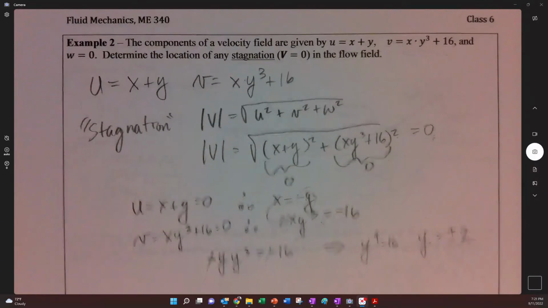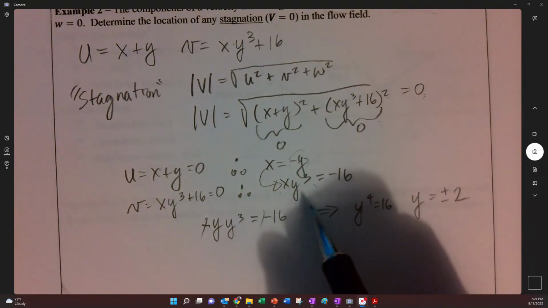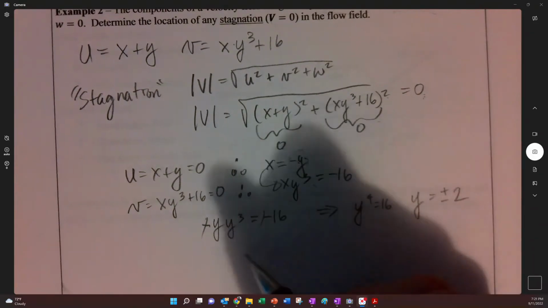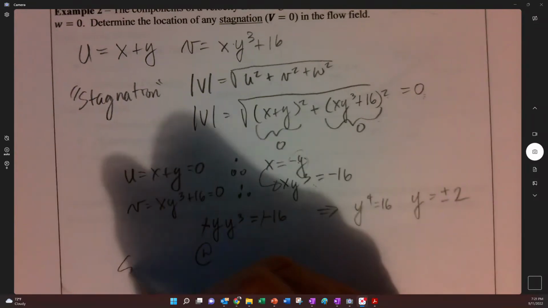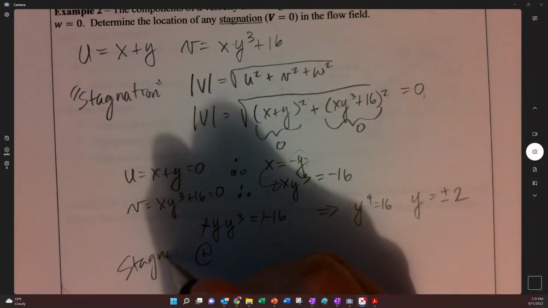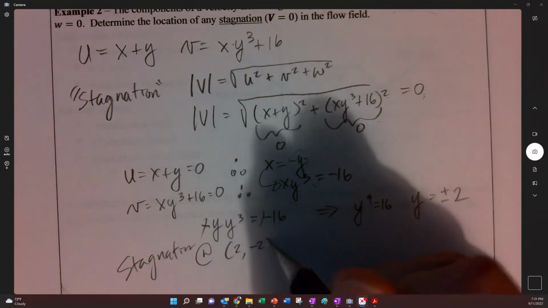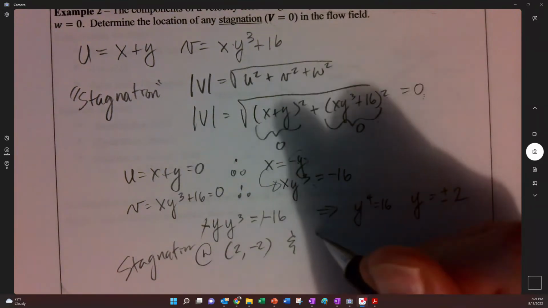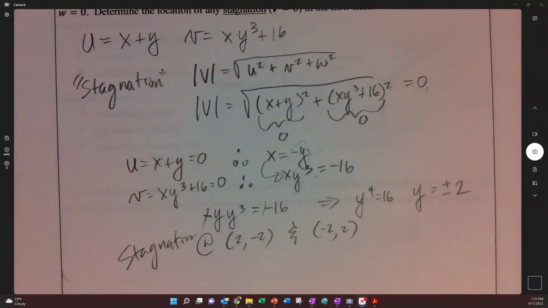Therefore, there's a stagnation at 2 and negative 2, and negative 2 and 2. Those are the places you can expect this to happen.